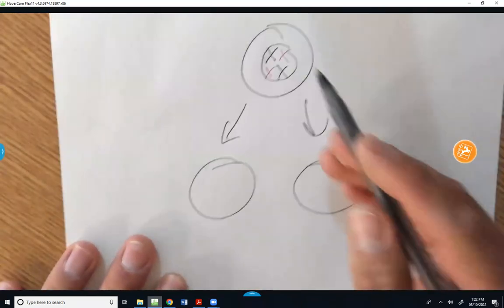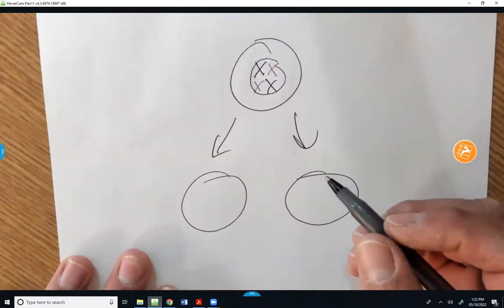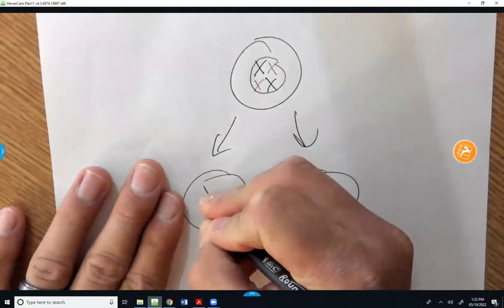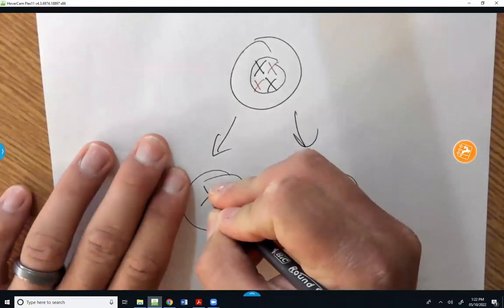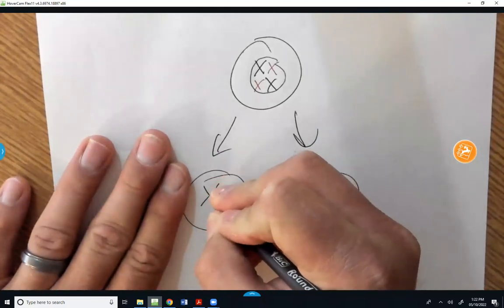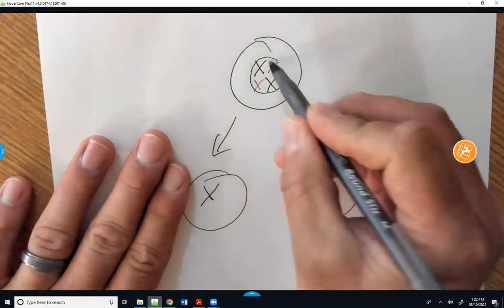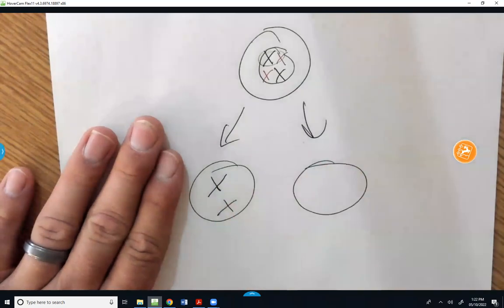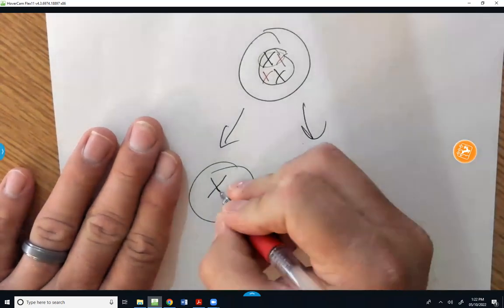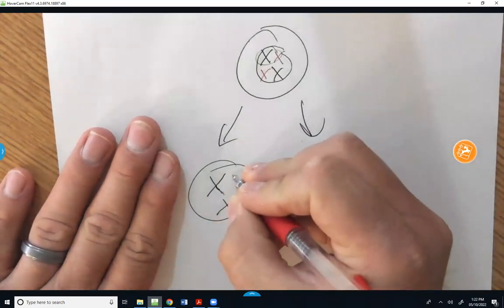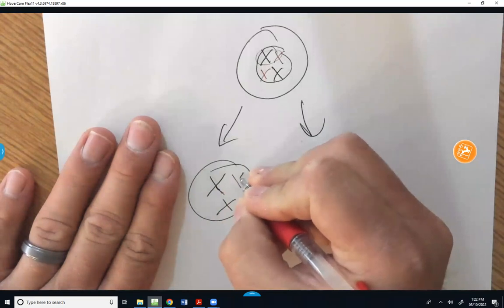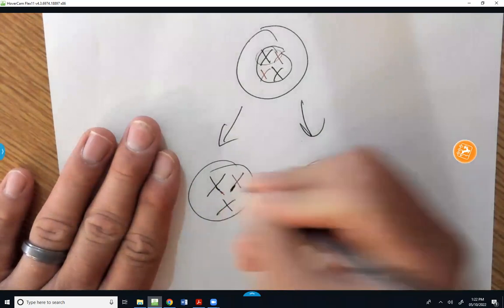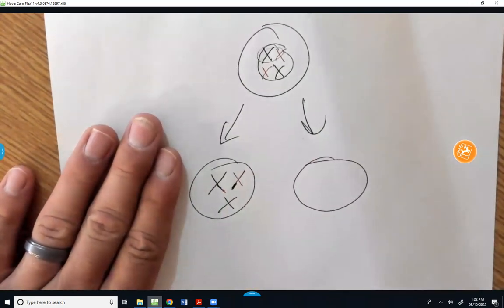Now I'm going to show you what happens when crossing over takes place and why this is important. Okay, let's pretend that the crossing over has taken place with just this pair here, okay. So we're going to see something like this has now happened.